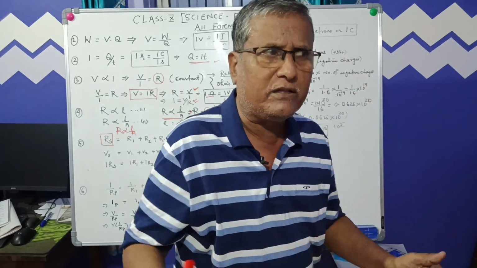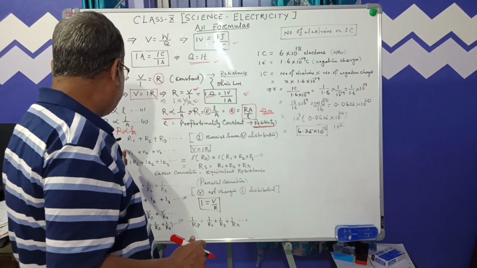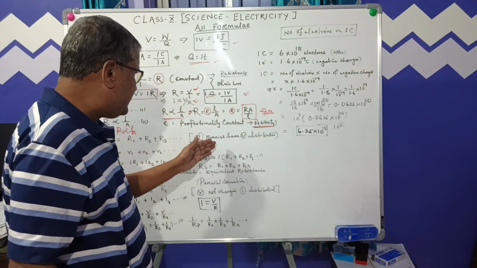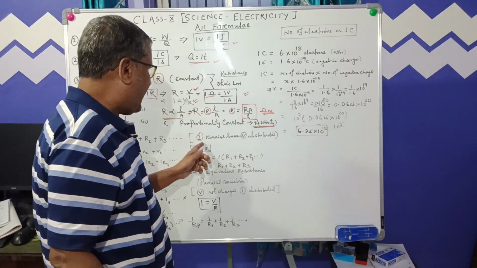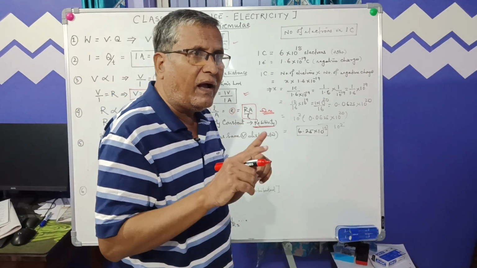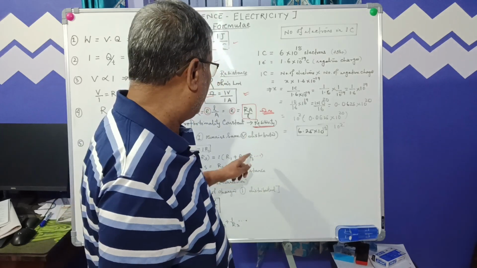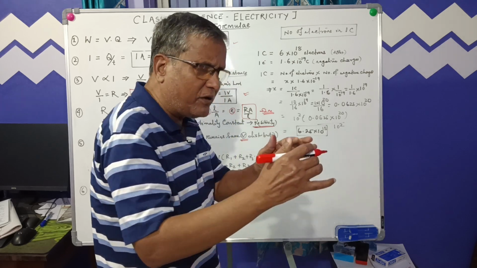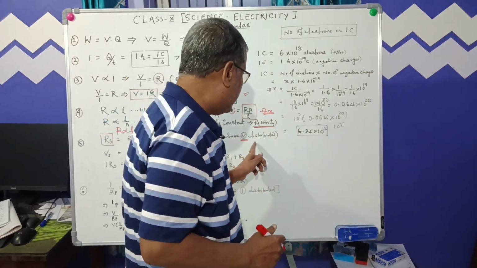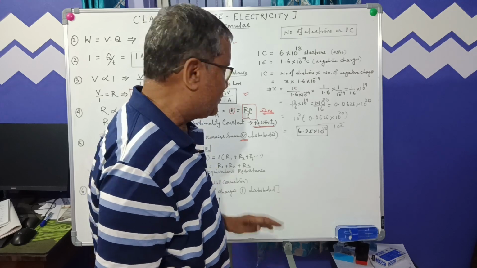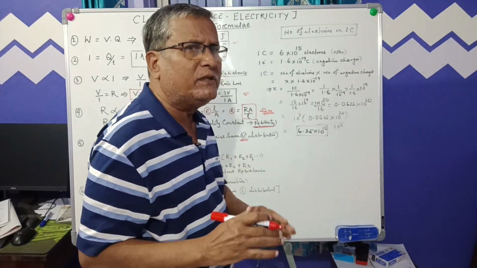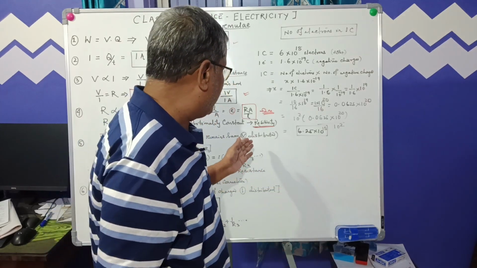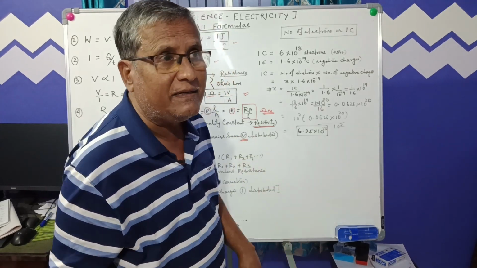So in series connection, please remember, I remains the same across each resistor, but V, the potential difference drawn from the source, is distributed. No change of current, but voltage drops. This is an example of your light.